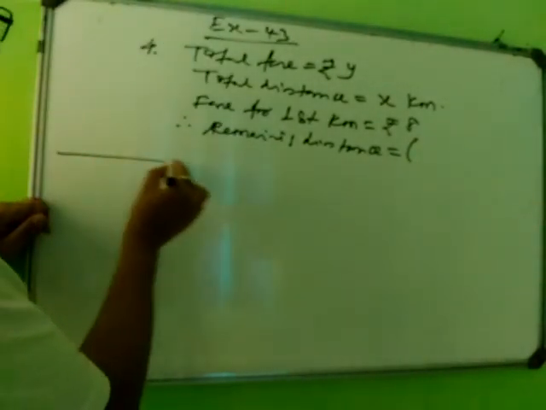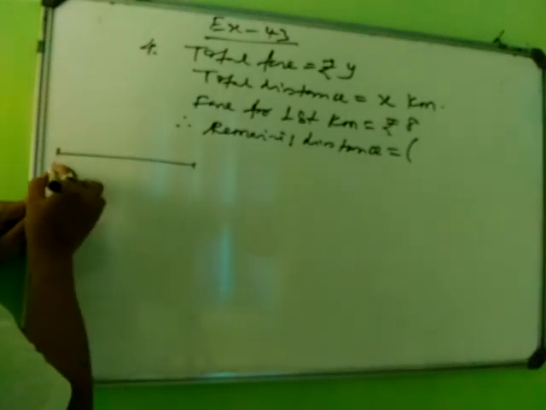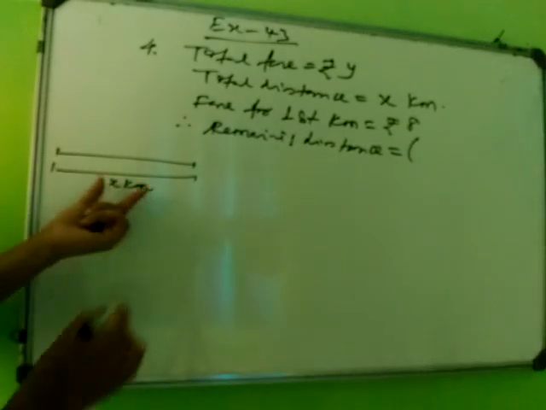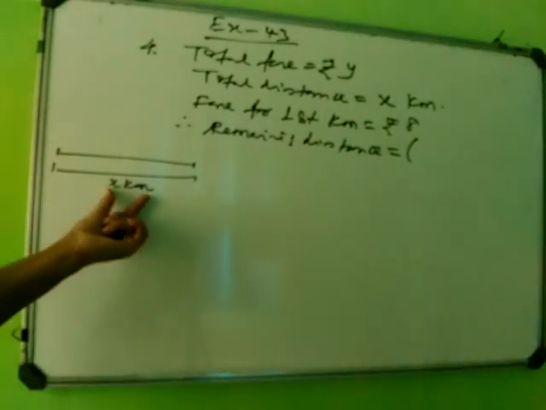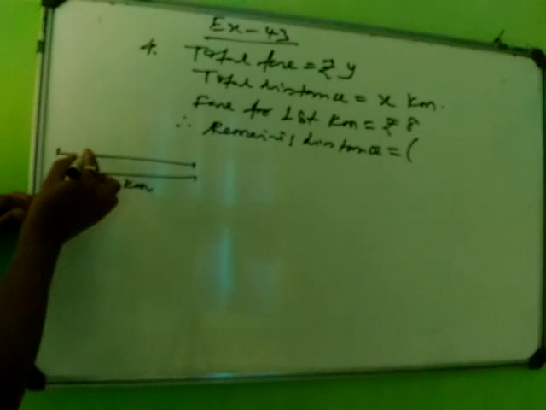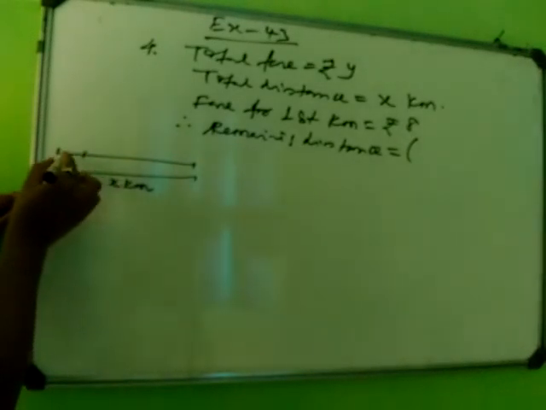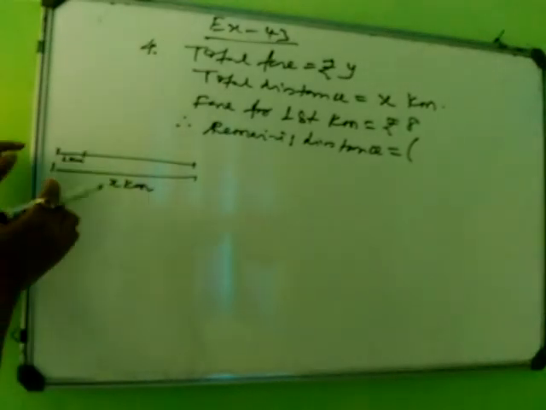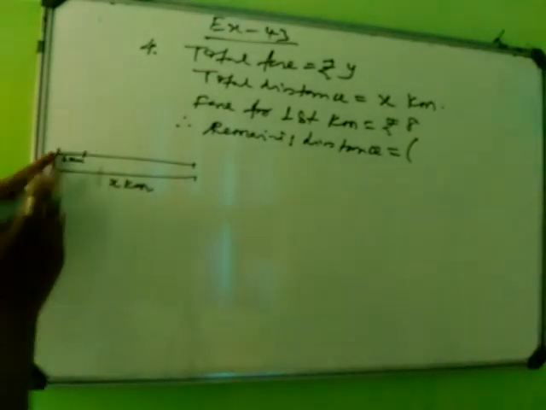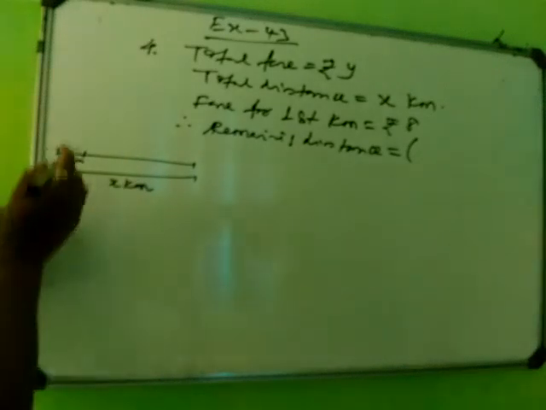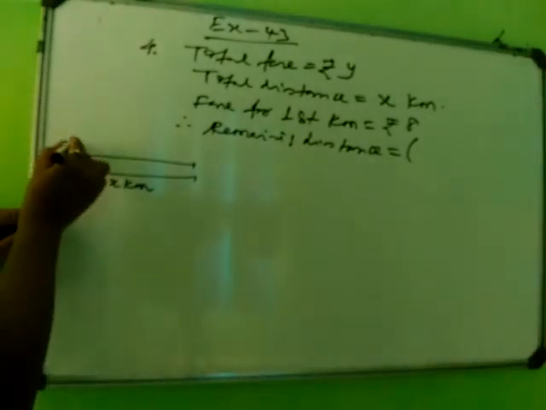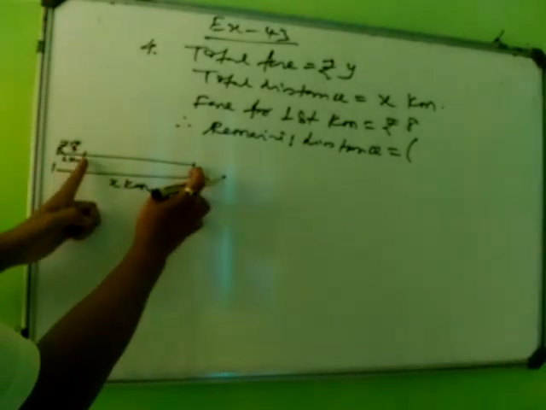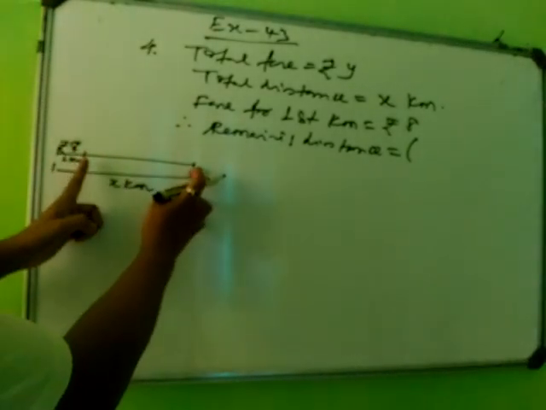Let us draw this line. Supposing this is the total x kilometer. Now for the first 1 kilometer, supposing this one is the first 1 kilometer, here the fare is ₹8. Now this will be the subsequent distance, the remaining distance left.